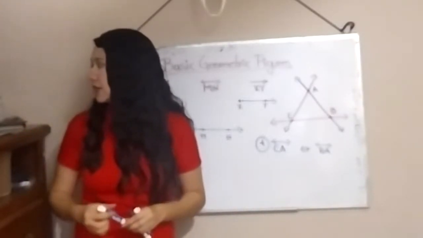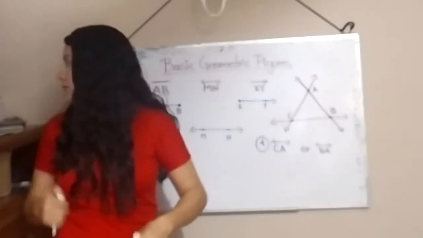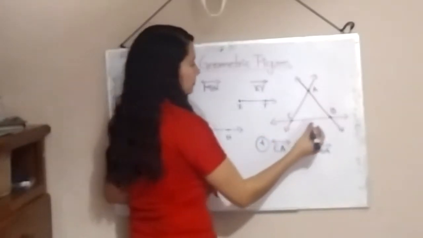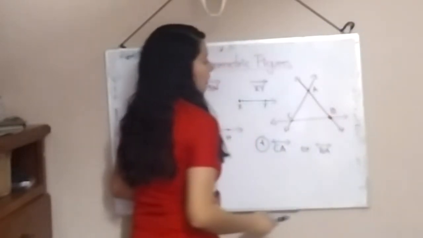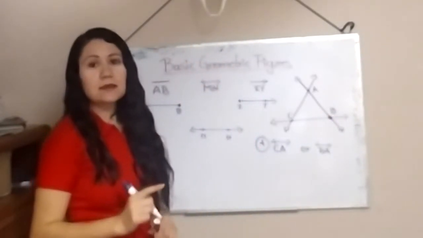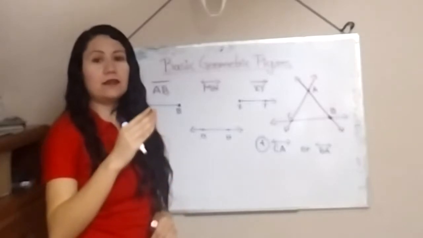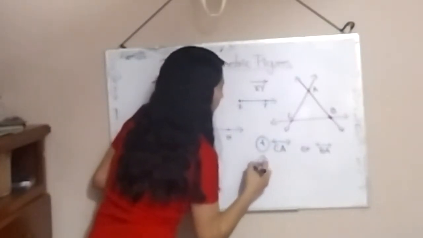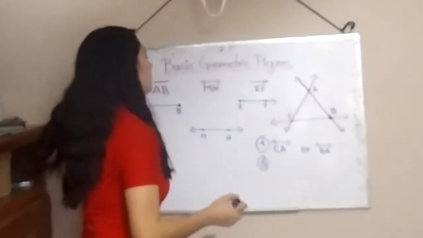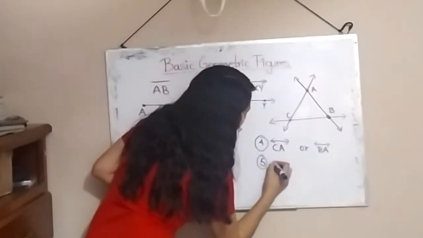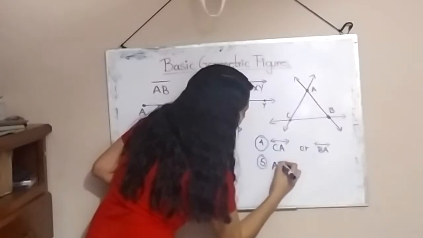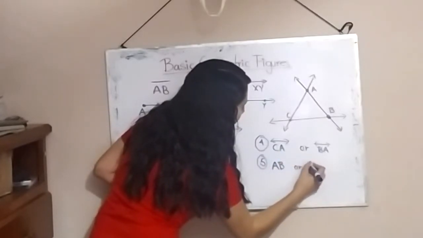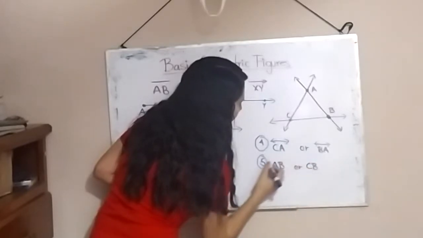Number 5, they are asking for a segment with endpoint in B. A segment has a beginning and an end. So the segment could be AB or CB.